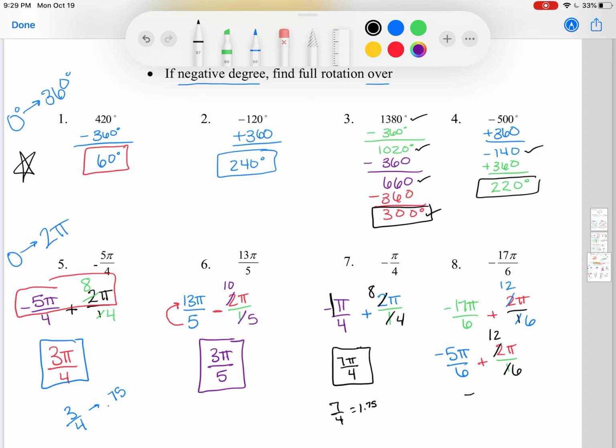We don't want negatives, so we're going to add another 2 pi. Get the same denominator. And this time when you add, you're going to get a positive 7 pi over 6. That is, in fact, between 0 and 2 pi, so we can say that is our final answer.